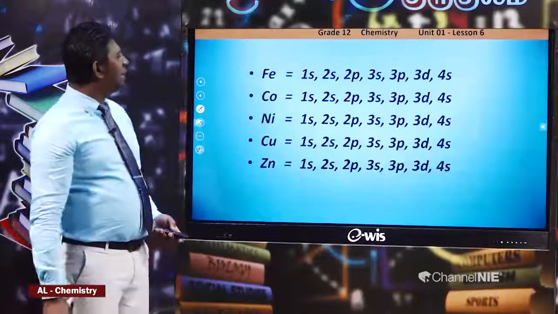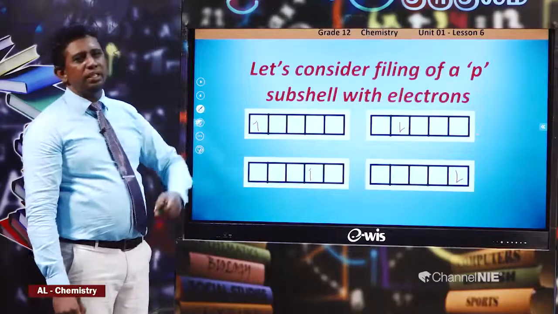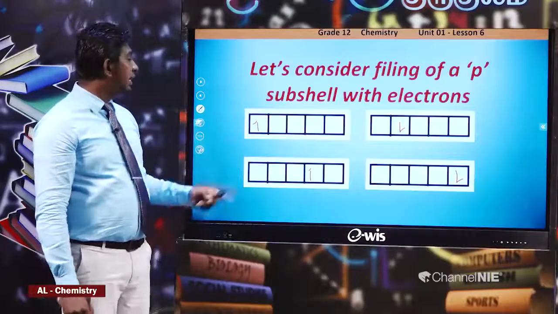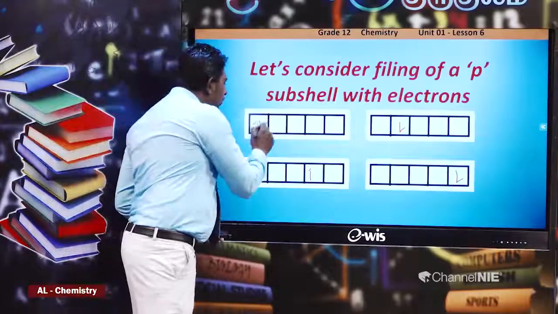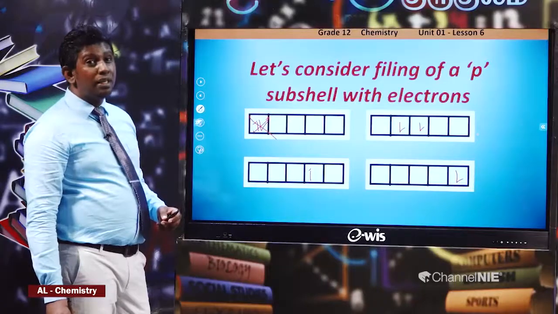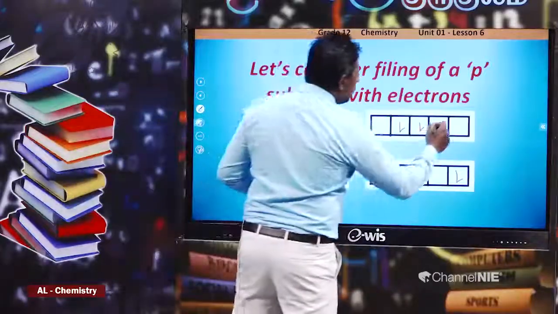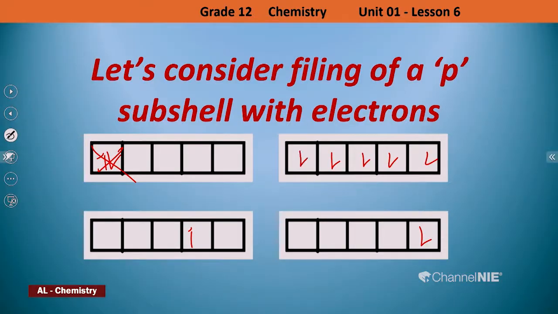Then when you are filling your second electron, you shouldn't fill it in the same orbital. That's the point. Once the first was filled in this manner in one direction, you make sure you fill the next in an empty atomic orbital, keeping it unpaired still. So you keep filling the next electron in the same direction till all the atomic orbitals become unpaired.